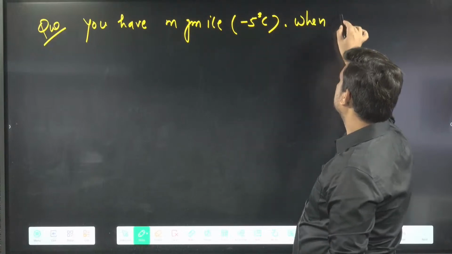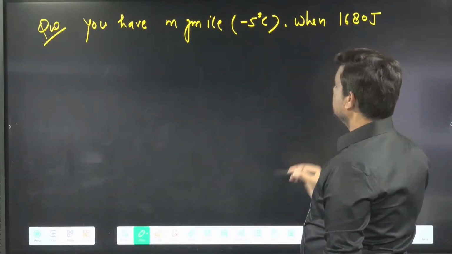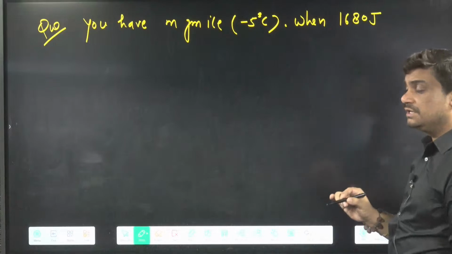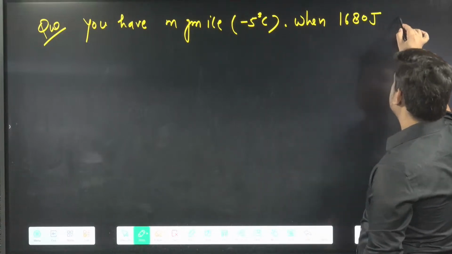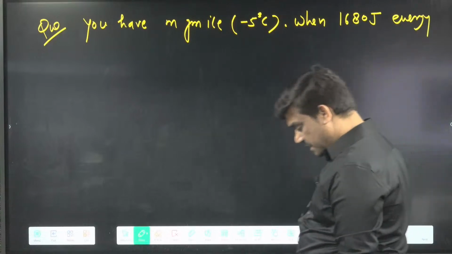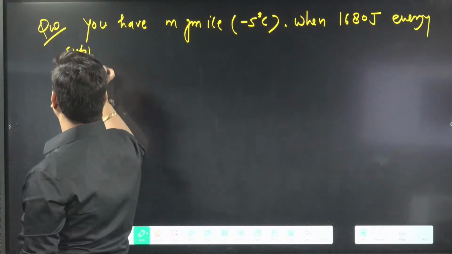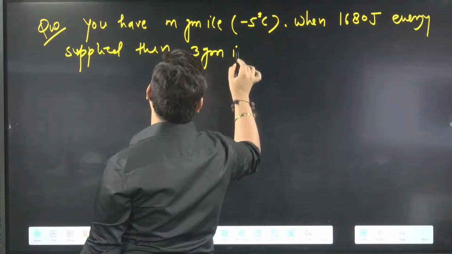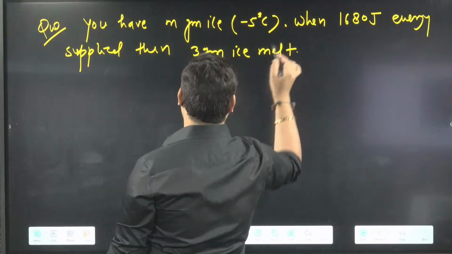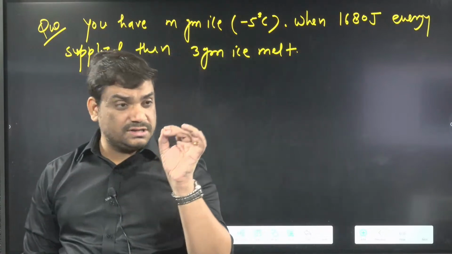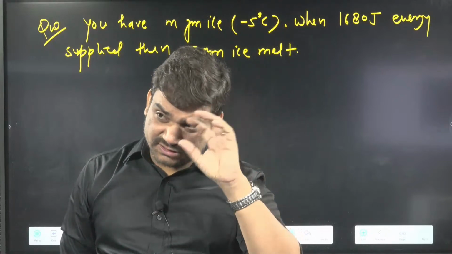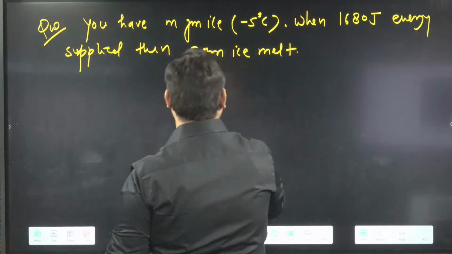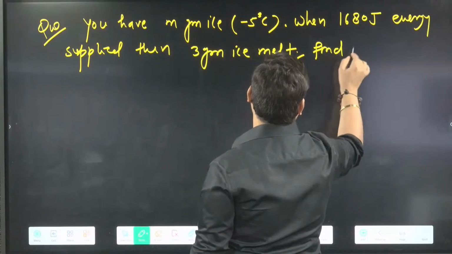When 1680 joule energy is supplied, then 3 gram ice melts. Only 3 gram melts, not the total m gram. Only 3 gram ice is melting when you supply this much energy, not the full ice. Find m. What is the m you have to find here?